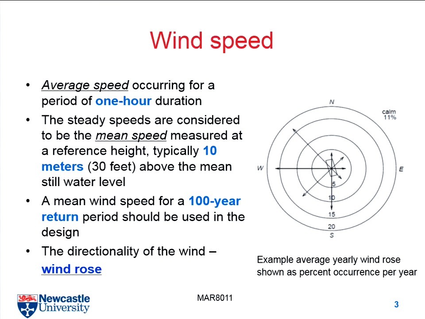Another thing is, you may know that if we have a flow, and here is the ground, the flow speed will be something like this, because you always have friction from the ground, right?